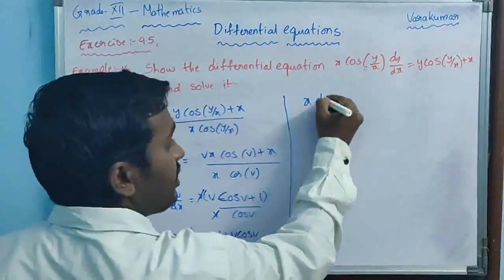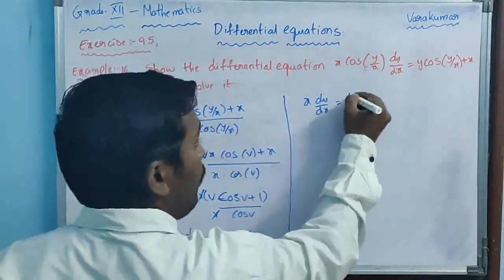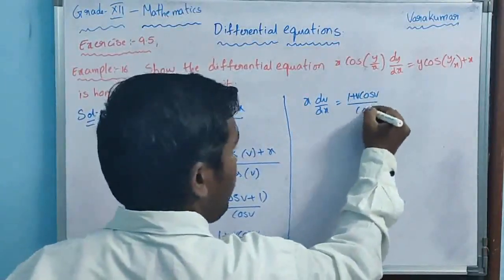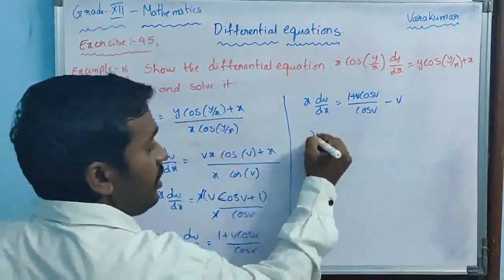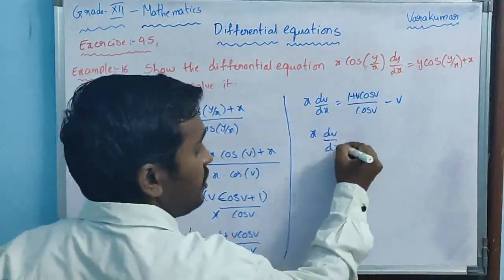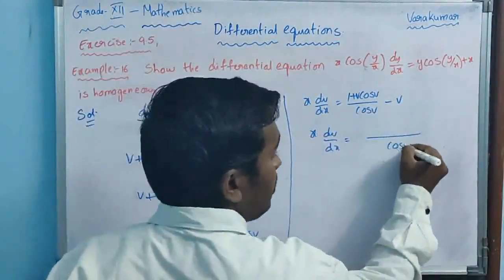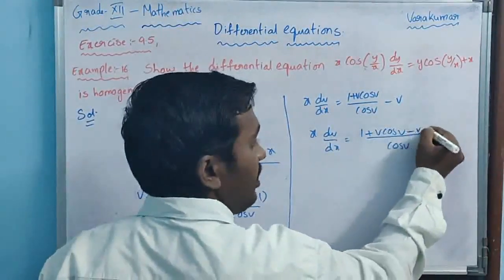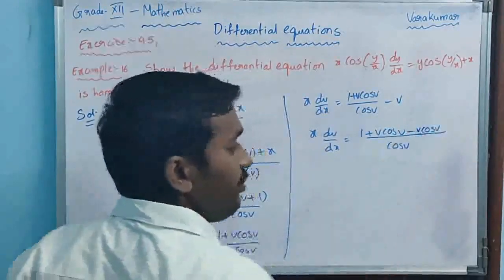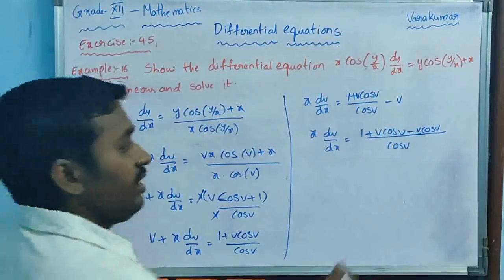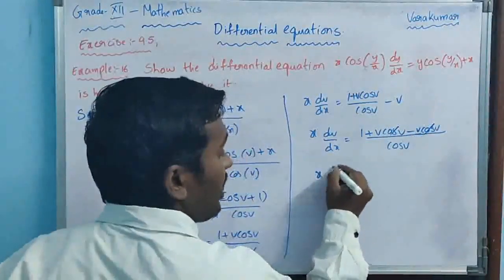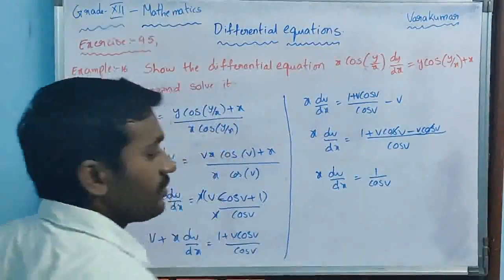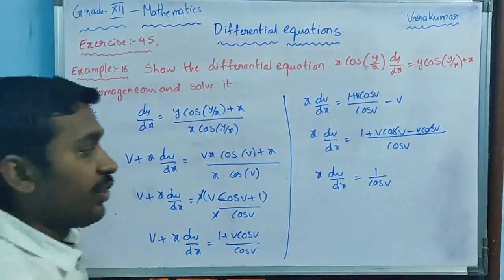So it becomes x dv/dx = (1 + v cos v)/cos v − v. Take cos v as the LCM: (1 + v cos v − v cos v)/cos v. Here v cos v terms cancel. So we get x dv/dx = 1/cos v. Now we can apply the variable separable method.